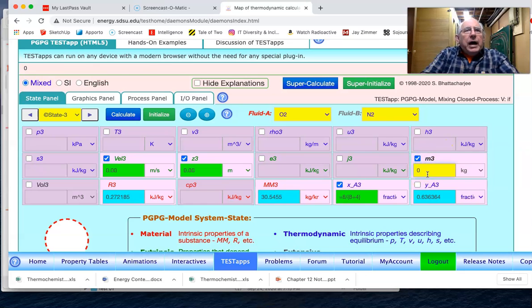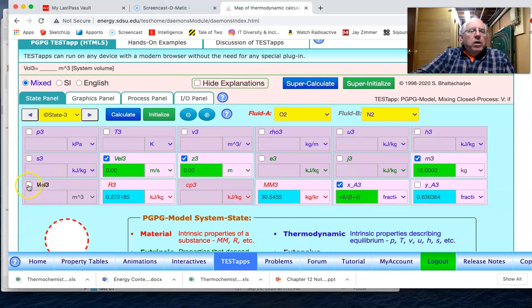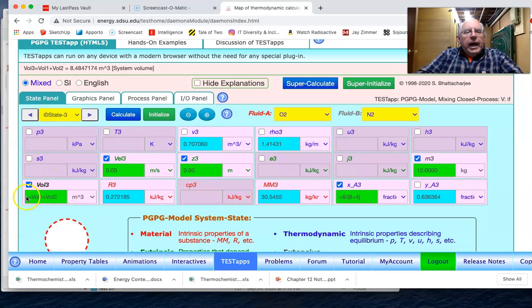The mass that occupies this state is 8 plus 4, or 12. We also know that the mixture fills the entire volume, which is volume 1 plus volume 2. So with the 12 kilograms occupying this volume, it calculates the specific volume for this mixture of the two gases. Since this is one independent property, all we really need is a second independent property.